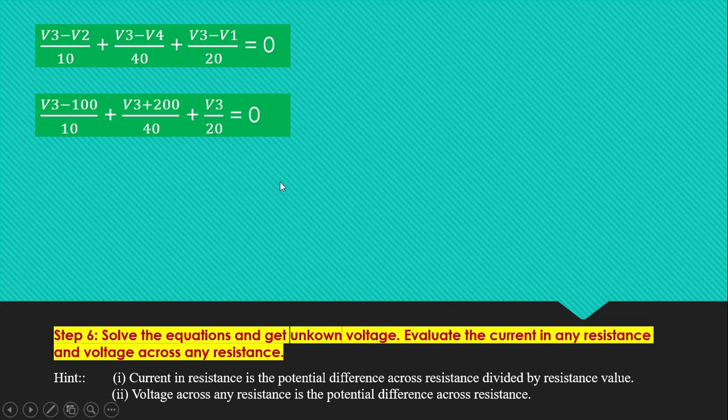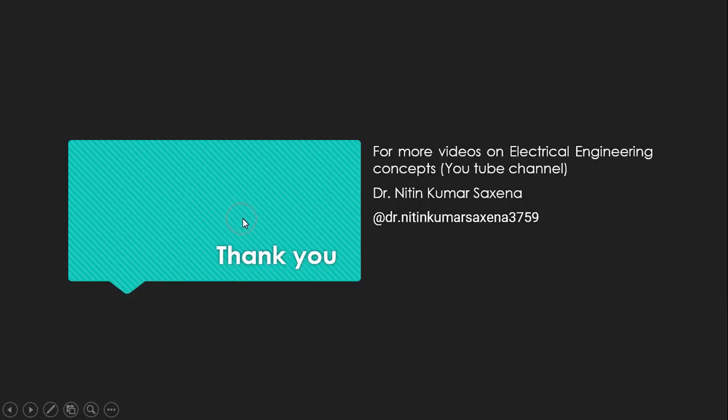In this way we have an equation in which we have only V3 as a variable. If I solve this equation, I can get the value of V3, and once I know the value of V3, I can get the value of current or voltage across any resistance.